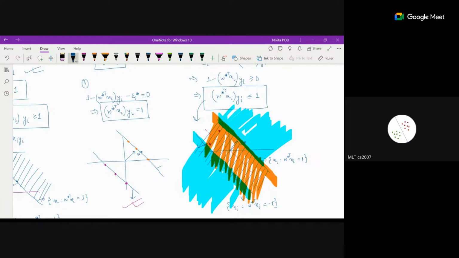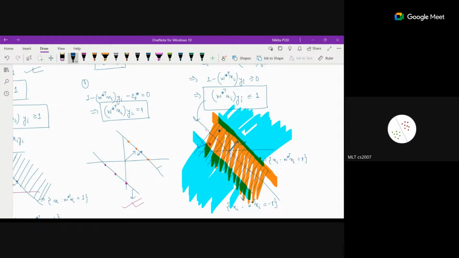Now, I know that in this region, you can have points of two kinds. This is my decision boundary, right? So there will be points like this blue color point, which are classified correctly.